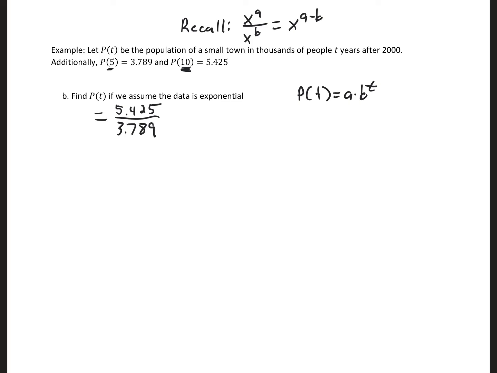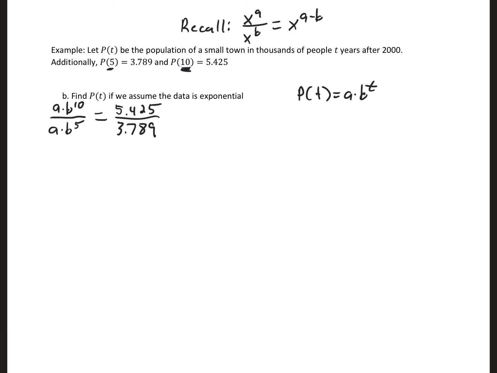However, that output of 5.425 came when we inputted 10, when we inputted 10 into the function a times b to the 10th. And 3.789 came when we inputted 5. So a times b to the 5th. So we're just using the fact that there's a proportional relationship here.